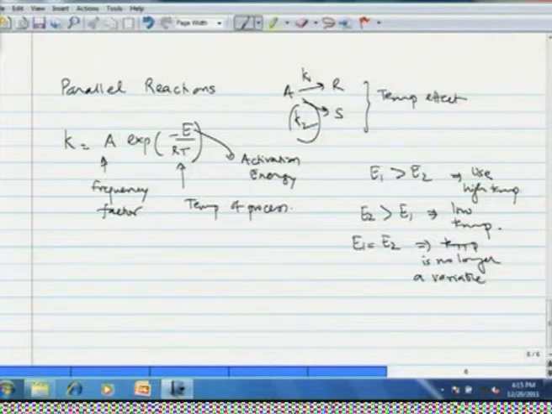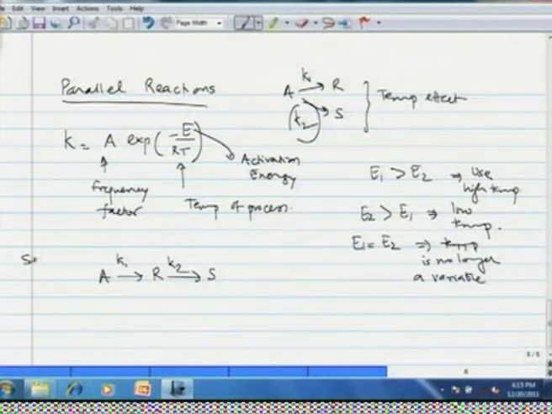Now, this is for the parallel reaction. Let us say we have series reactions, then how can we use temperature for shifting the product distribution?